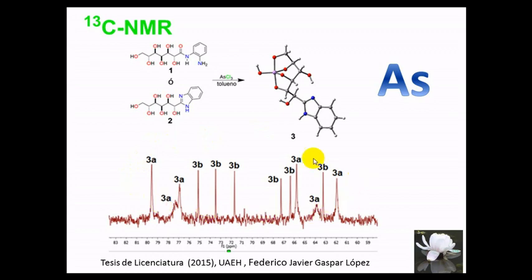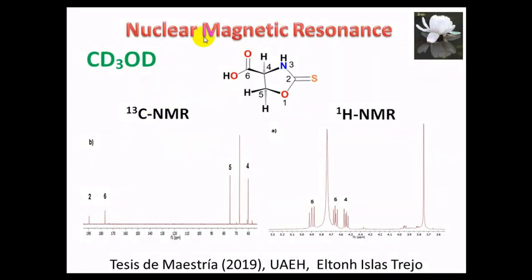This is a spectrum of 13 carbon NMR. Here, every signal represents the nuclei of carbon atoms. In this picture, we have 13 carbon and proton NMR spectra of this compound.